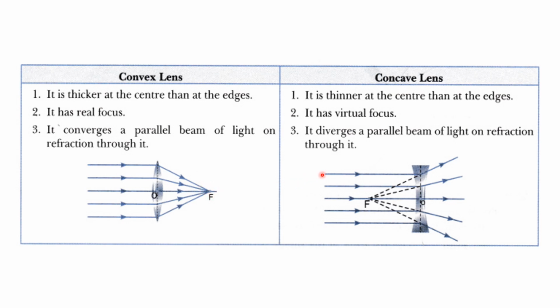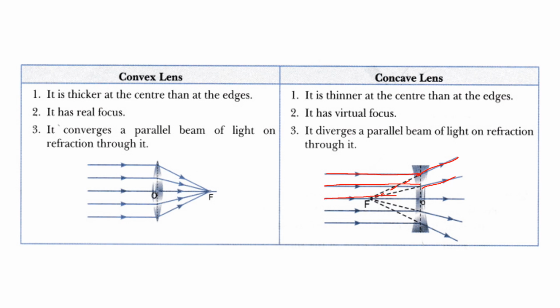Whereas if you see this concave lens, let me take a pen. This is a ray, and it is getting diverged from this point. If I extend these rays at the back, they are getting diverged.